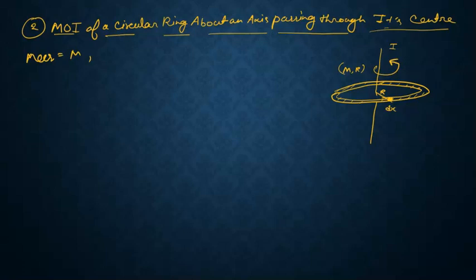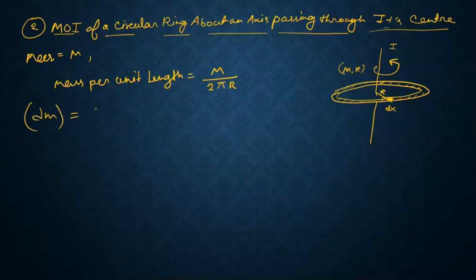mass equals m, and mass per unit length is equal to m by the total length. Total length is the perimeter, 2 pi r. So the next step is to find the elementary mass dm, that is equal to mass per unit length, that is m by 2 pi r into dx.